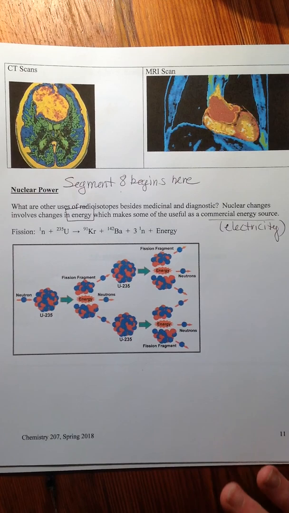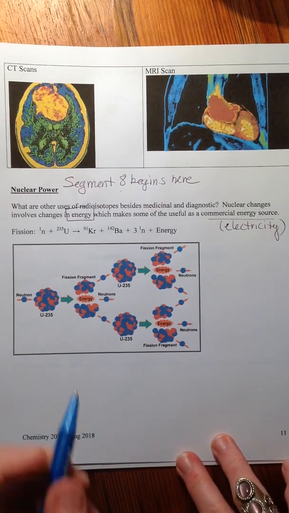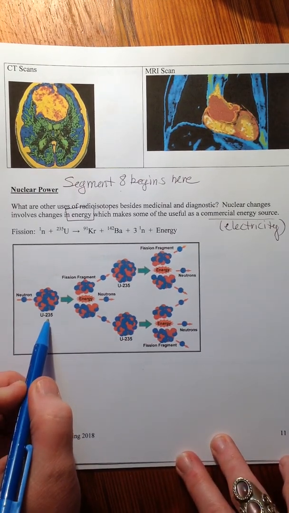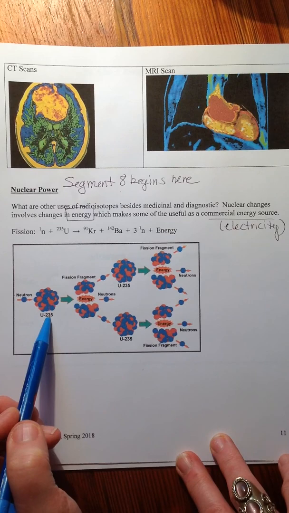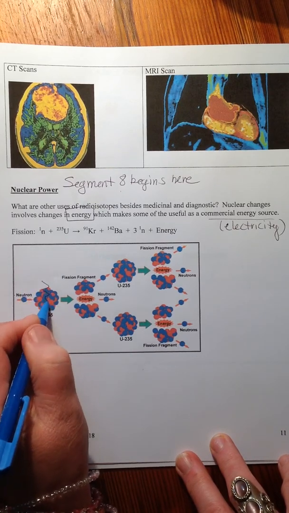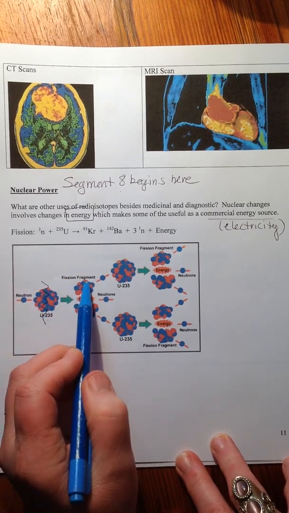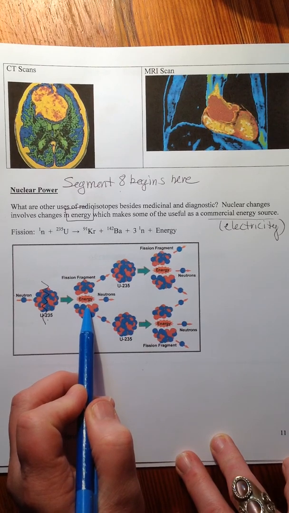Now, your basic fission model says you have a heavy nucleus, such as uranium-235, that you hit with a neutron. That neutron will cause this to break up into fission fragments, and we get energy from that.